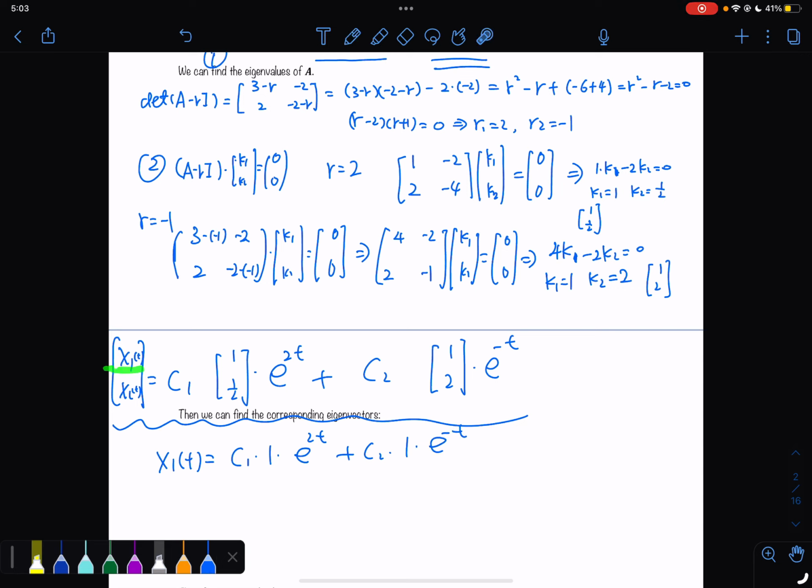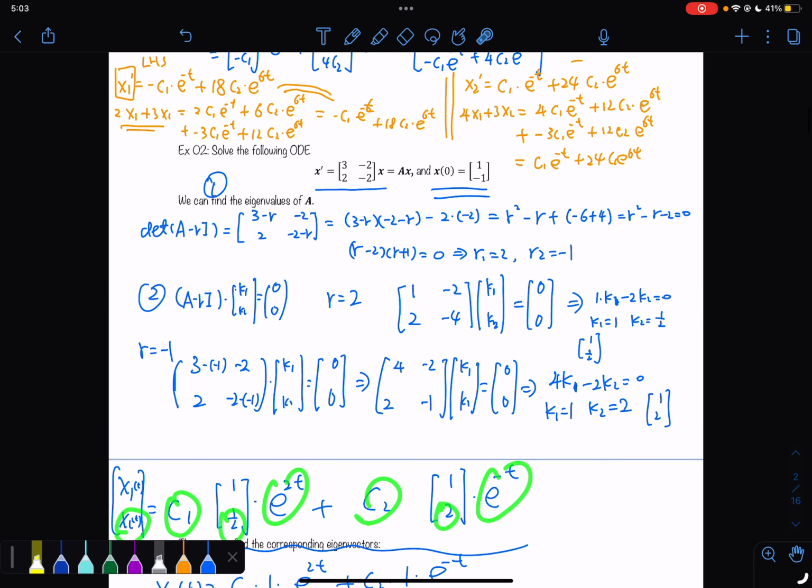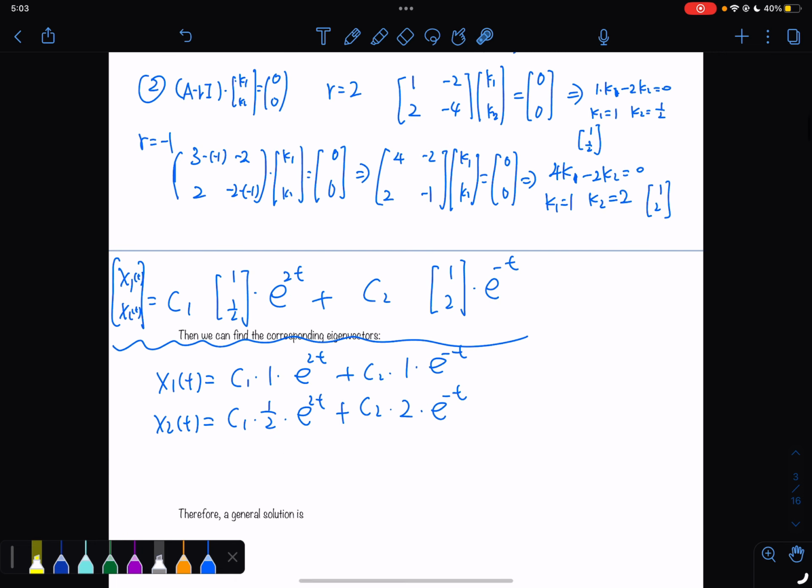The first row is C1 times the first row, C2 times the first row. Along the same line of thinking, x2(t) is C1 times 1/2 times e to the 2t, C2 times 2 times e to the -t, right? Second row, second row, second row. So when I plug in my 0, I should reach the first part and second part separately.